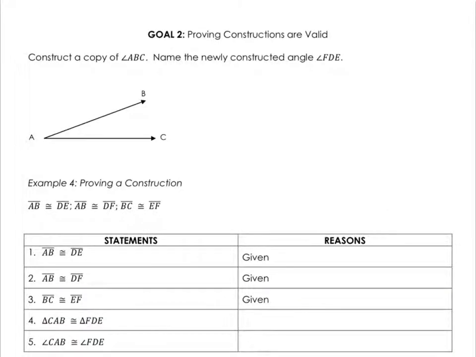All right, on the last page of notes, there is a construction where they want you to take this angle right here and construct a new angle, DEF. The way that you would do that is you would get your compass and draw an arc.